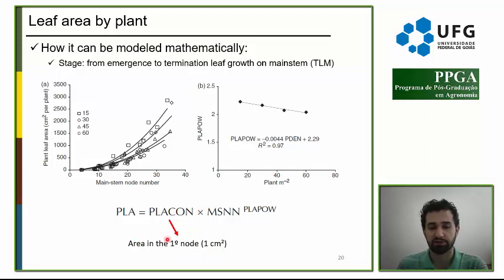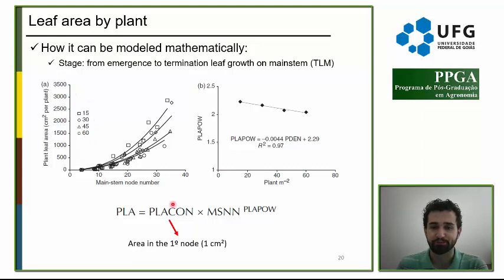They observed that in the first node the crop has 1 square centimeter of leaf area, multiplied by the main stem node number, elevated to this other factor that they adjusted in function of the plant density for each one of these lines in function of the plant population.